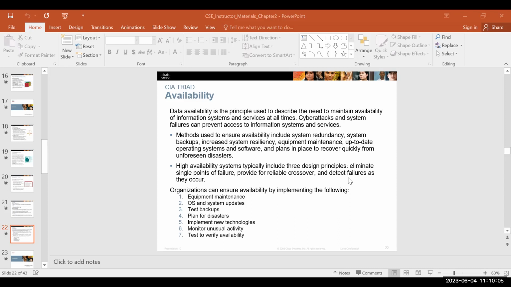Okay, to test or verify availability is that when you are in the organization's disaster recovery plan, they have this as part of the activity they want to carry out.